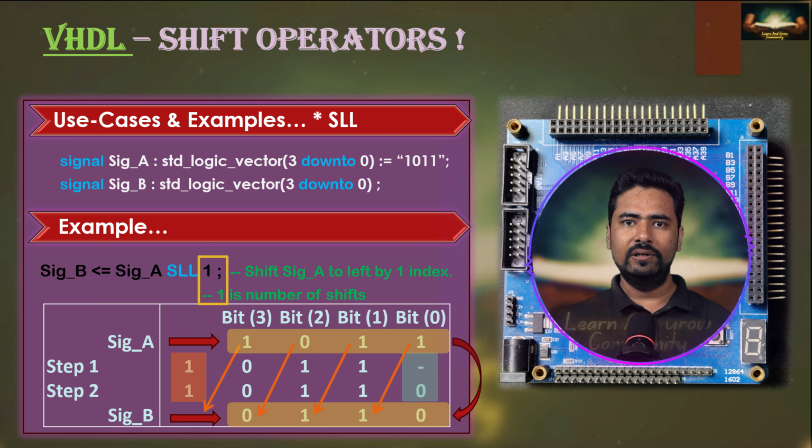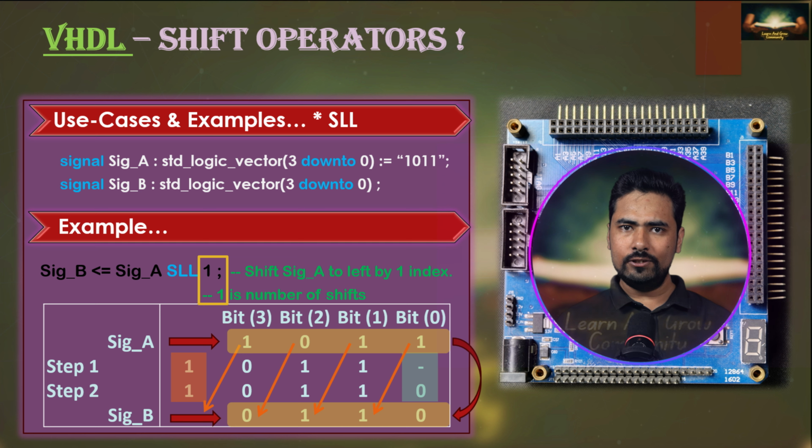In this example, we have two signals declared, signal A and signal B. Both of these signals are 4-bit std_logic data type and sig A is initialized with the value 1011. And we will assign the data in signal B after shifting the signal A data.